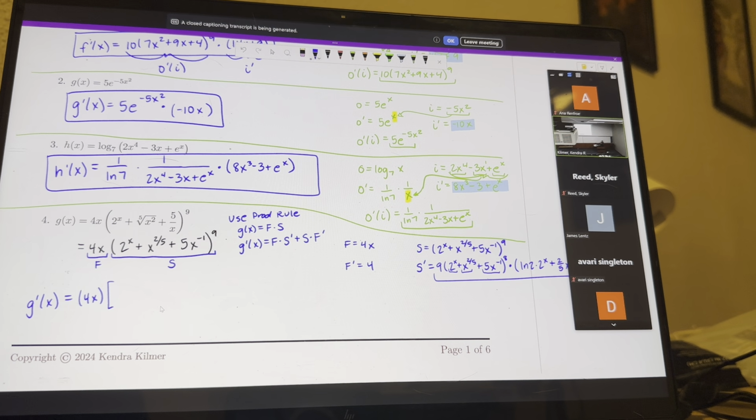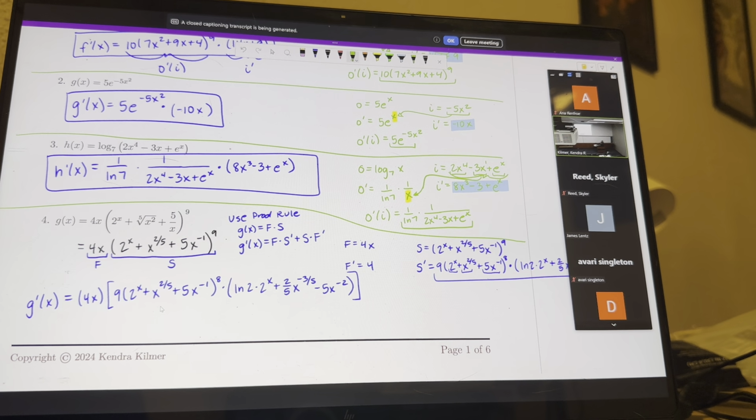So 9 times 2 to the x plus x to the 2/5 plus 5x to the negative 1 raised to the 8th power, times, open parentheses, natural log of 2 times 2 to the x plus 2/5 x to the negative 3/5. And then I'm going to rewrite that as minus 5x to the negative 2.